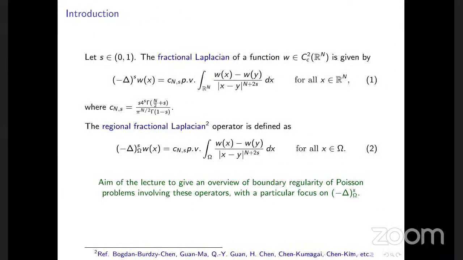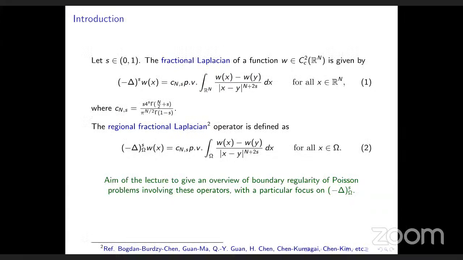So this is the aim of the lecture: to give an overview of the boundary regularity for problems involving the regional fractional Laplacian, in the case where we have Dirichlet or Neumann boundary conditions. In a sense, these are the situations where the process is killed when it reaches the boundary or reflected.